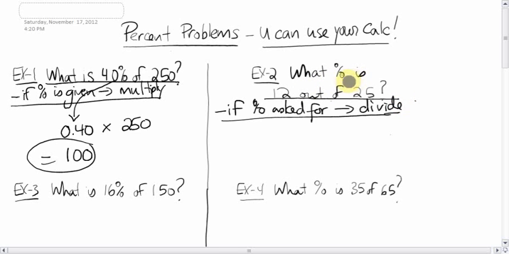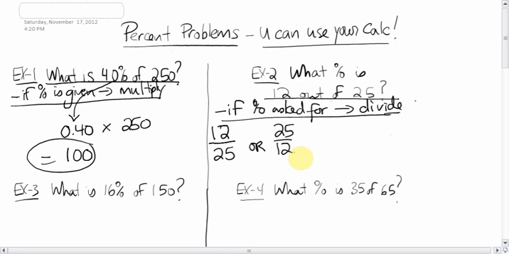So what percent is 12 out of 25? The question with dividing is, what's the correct order? Should we go 12 divided by 25 like this? Remember, the fancy way or proper high school way of showing divided by is a fraction sign. Is it 12 divided by 25 like this, or is it 25 divided by 12?